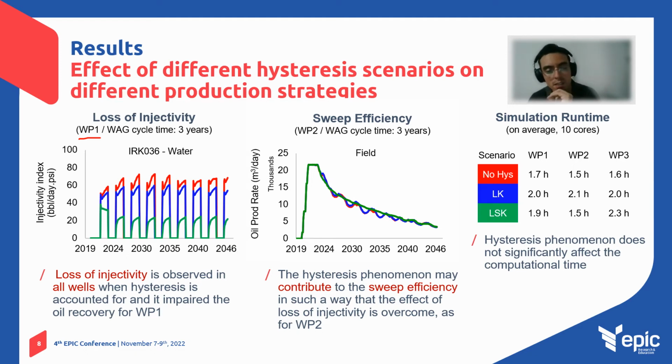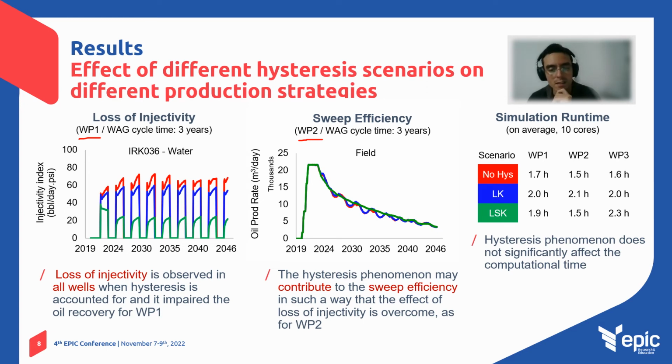The injectivity is much lower than the others. But the sweep efficiency may contribute to oil recovery in such a way that the effect of loss of injectivity is overcome. And that was what happened for WP2, as I showed in the previous slide.